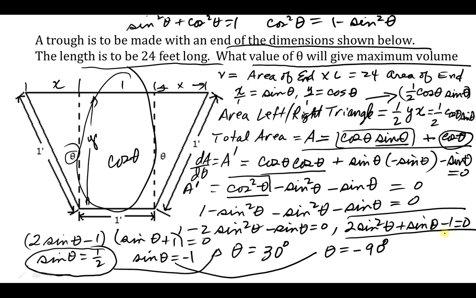And obviously you wouldn't have a trough, so this is no solution. So the optimal angle will be theta equals 30 degrees.